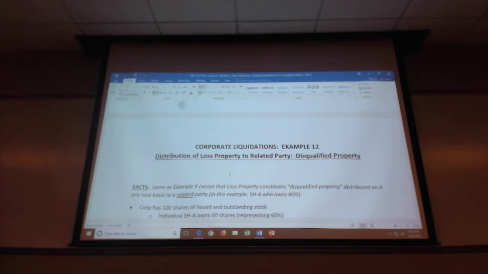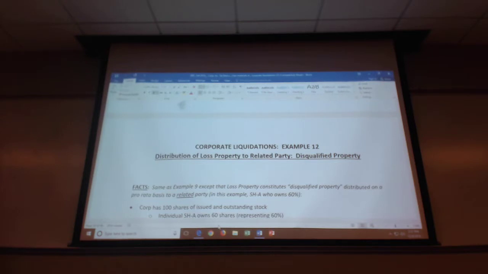Three exceptions within 336(d). There's also an exception that we'll come to in a couple minutes involving a subsidiary liquidation. So the task here, whenever you see a fact pattern in which there's a distribution of property with basis greater than value, is to ask yourself, do any of these ridiculously complicated exceptions possibly apply here?